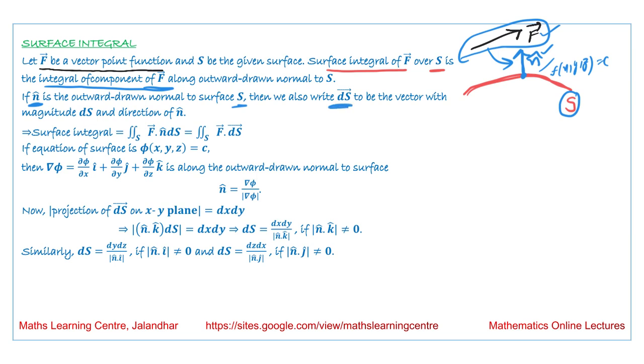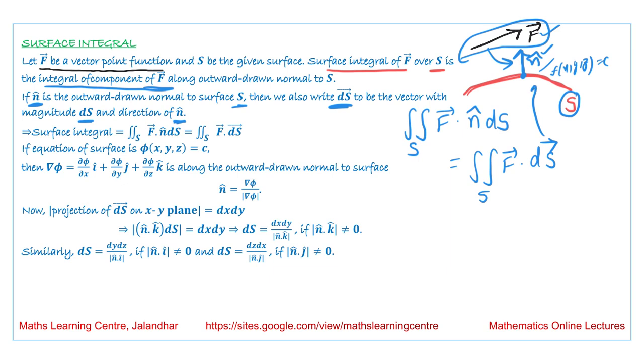take ds vector to be the vector with the magnitude ds and the direction n cap. Then the surface integral of f is given by f vector dot n cap into ds, or we write this as the double integral of f vector dot ds vector over the surface S. Here ds vector means the small component of the surface, this may be dx dy if it is the xy plane, with the normal vector drawn.